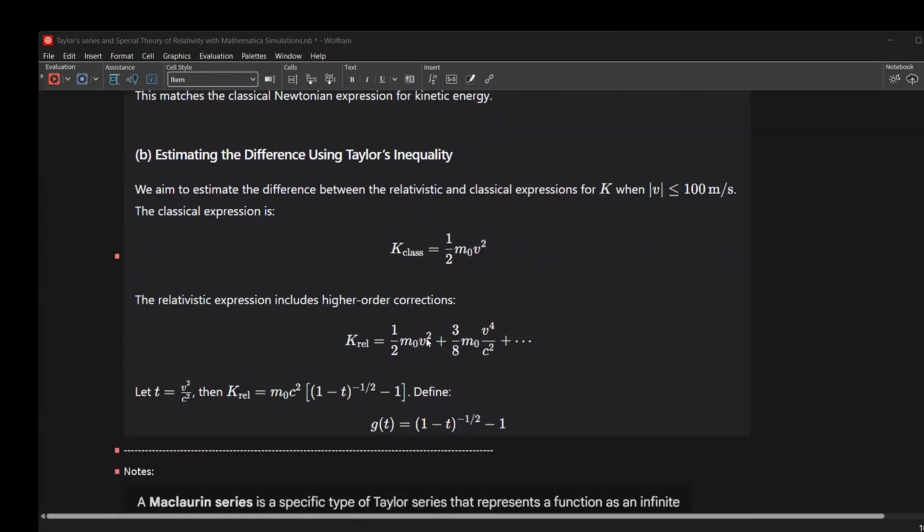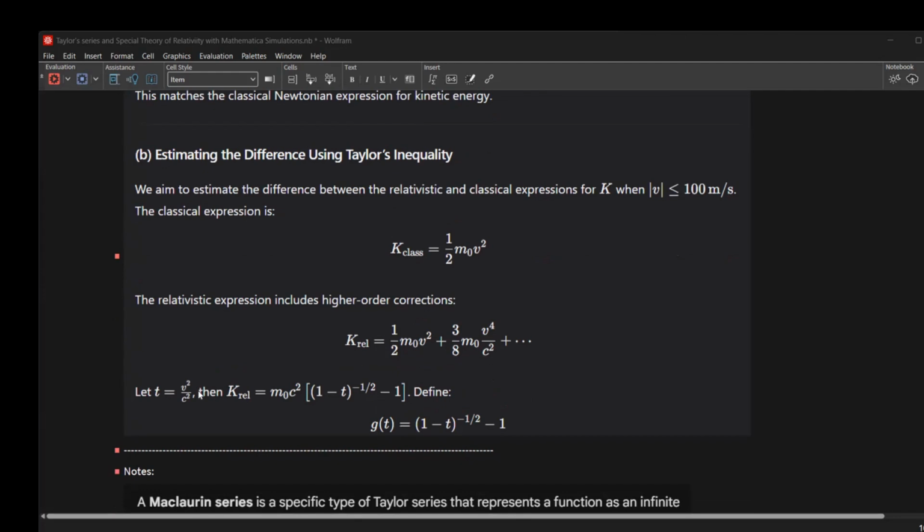So the relativistic expression includes higher order corrections. The relativistic kinetic energy here is one half m sub 0 v squared plus 3 over 8 m sub 0 v to the fourth over c squared.